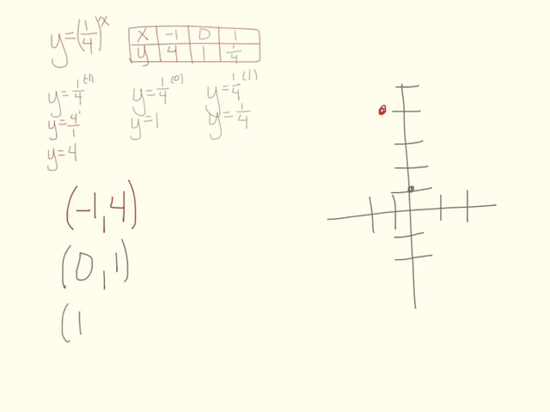And when x is 1, y is 1/4. And then we can connect those to make a curve. So notice this curve goes down and to the right, so it is a decay curve.